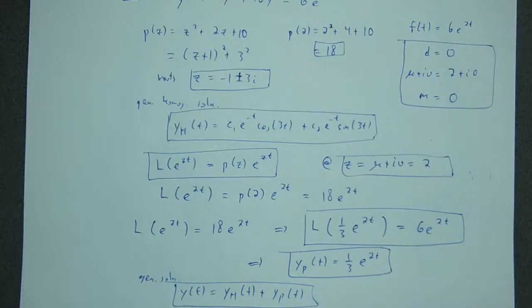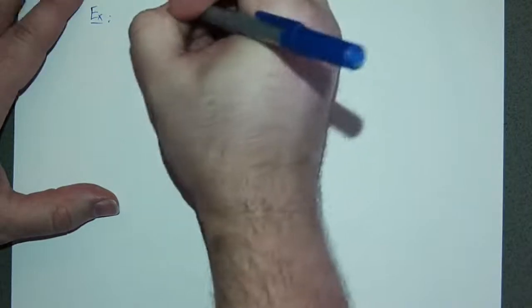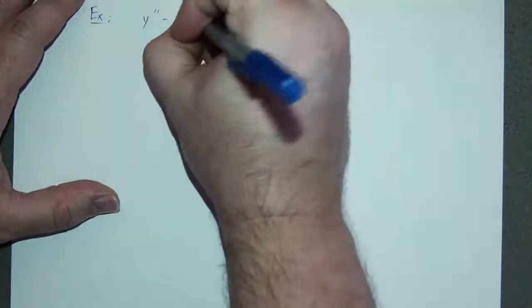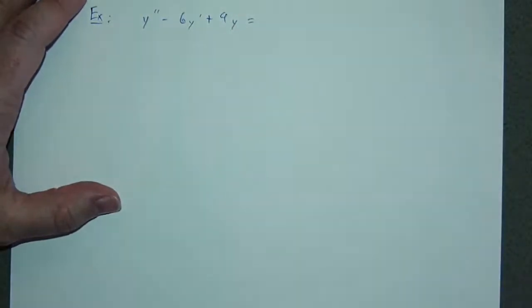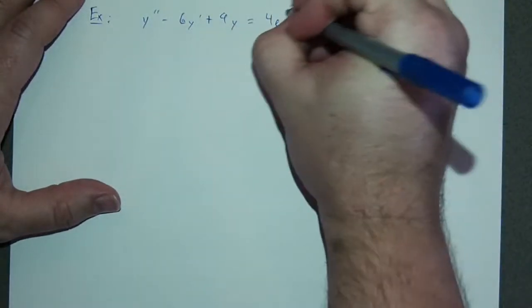All right, let's do another example. So let's do y double prime minus 6y prime plus 9y is equal to 4e to the 3t.